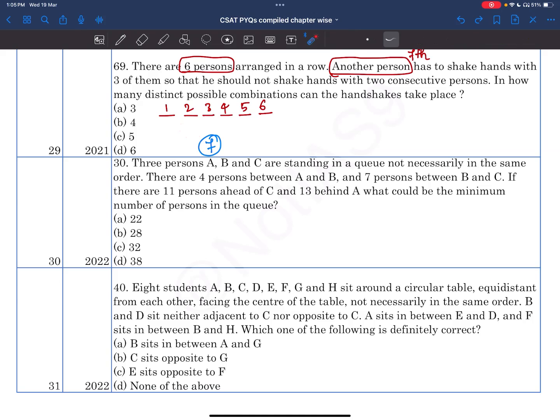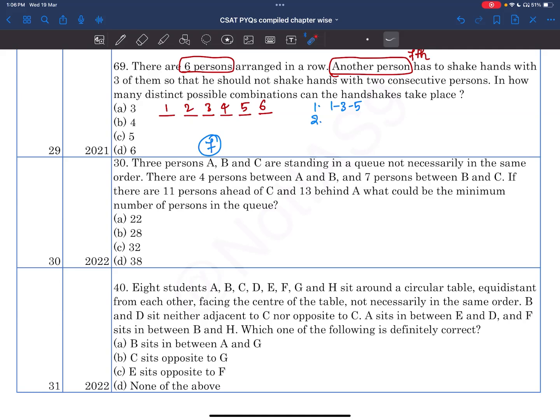1. You can shake hands with 1. Next, consecutive means he should not take 2, so he'll go for 3, then 5. So the first combination is 1, 3, 5. Now see, let's keep 1, 3 common. Now I can shake hands with 6, right?